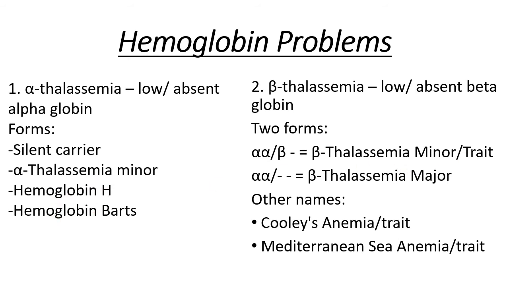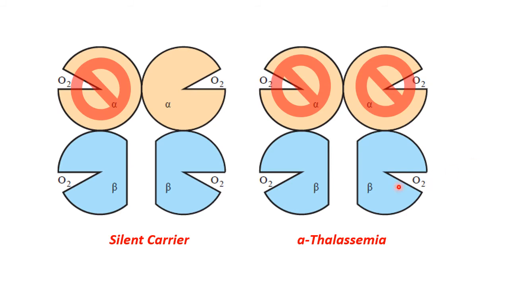To discuss this further, tingnan natin itong mga picture na to. Ang silent carrier, merong isang alpha globin chain deletion. So, nawawala ito, natitira na lang ito. Okay? Silent carrier sila kasi hindi naman full-blown yung manifestation ng anemia.